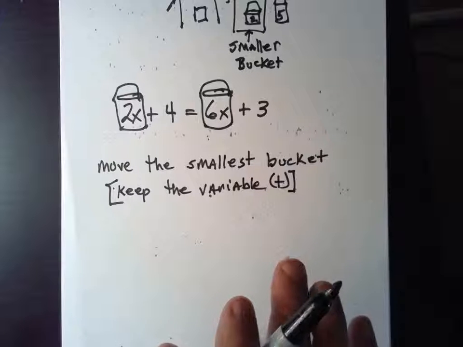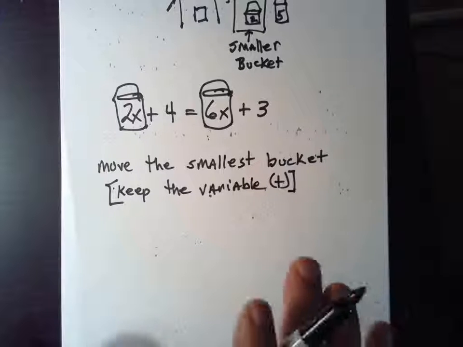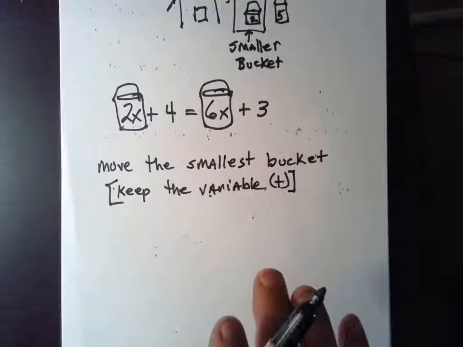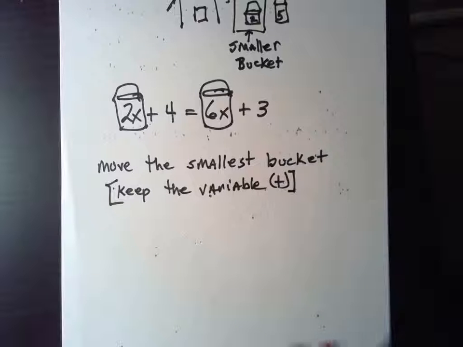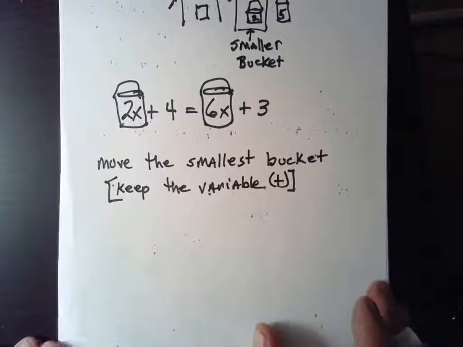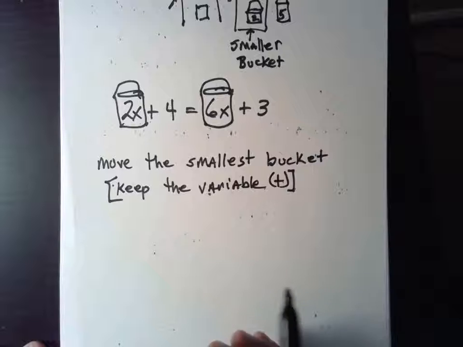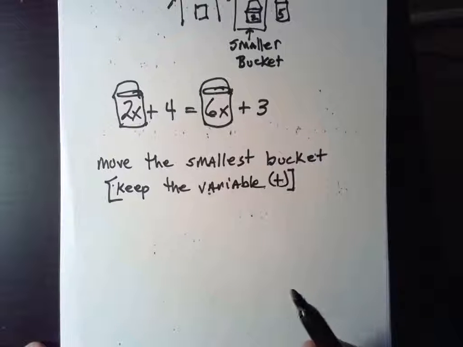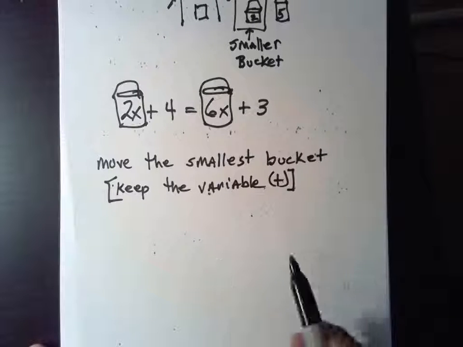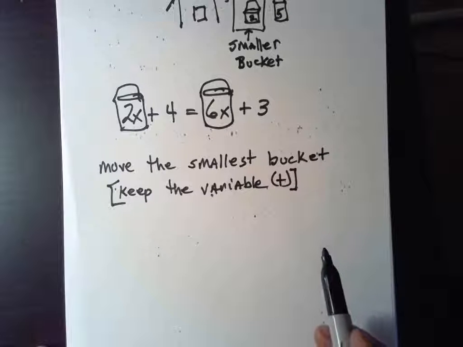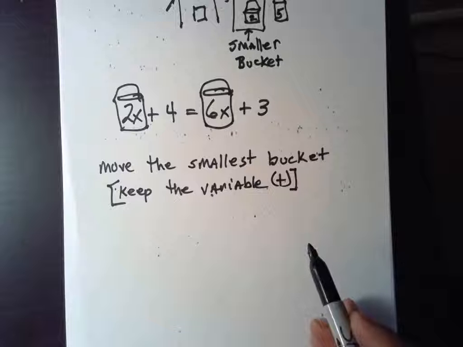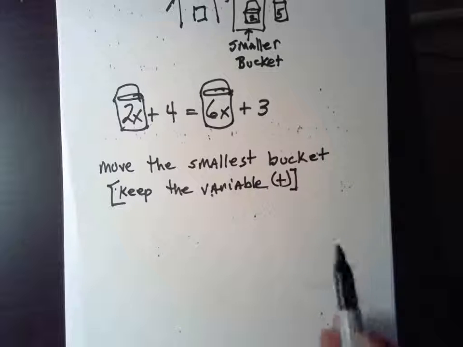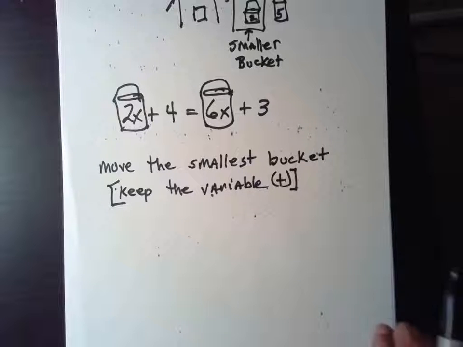But I'd say 99% of your equalities and your inequalities, you can keep the variable positive. And as long as you know the other 2 rules, that's fine for the 1% that you can't. But most of the time on a test, you don't want to have to remember 2 or 3 extra rules when you can avoid having to use them.